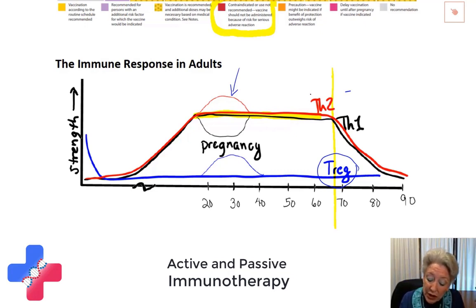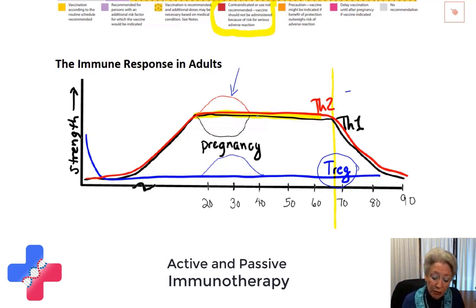You'll notice that the T helper 2 is ramped up late in pregnancy, but all of those antibodies that are eventually produced are being pumped into the child. So the net effect in the mother is one of immunosuppression.